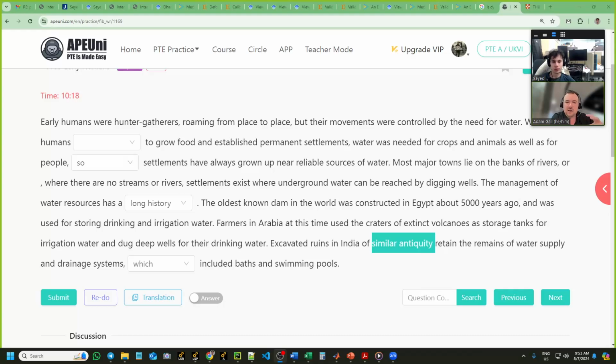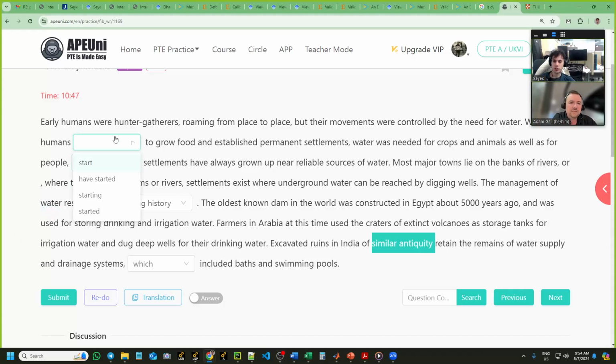Like it's got a similar degree of distance in the past from the present. So it's an adjective here. Antiquity is also sometimes used as a noun, and it just means the ancient world.